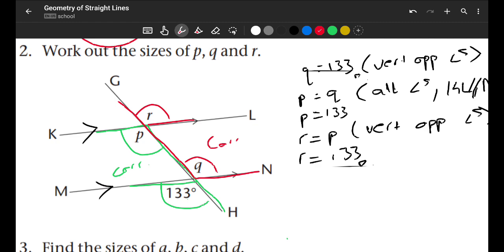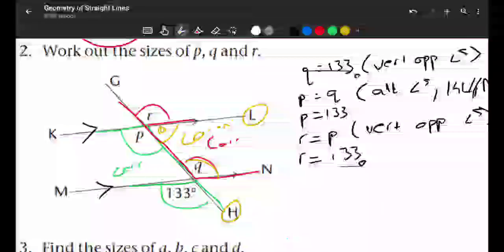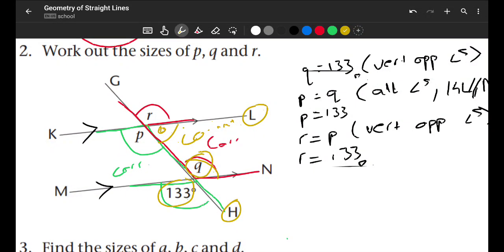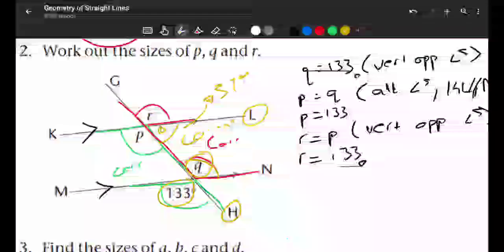If you wanted to, you could have also said that once you found Q, you could have said that angle there, LMH, whatever this angle would be, and then H there, and say co-interior angles. Once you found the co-interior angles here, so if this is 133, this co-interior angle would be 47 degrees, right?